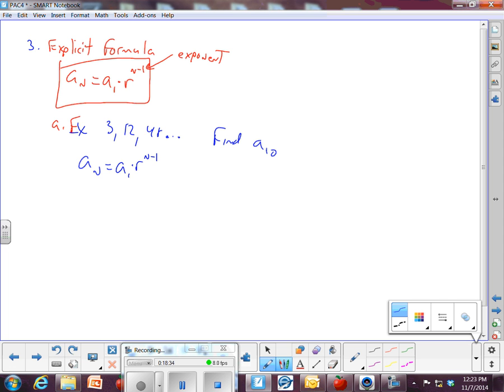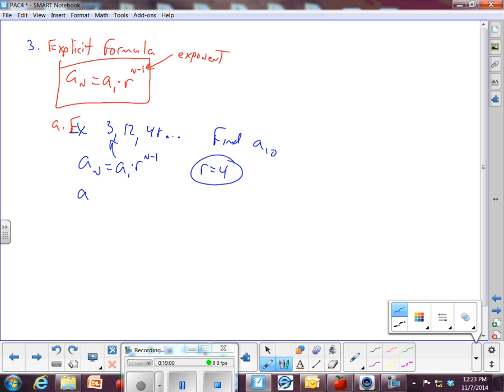Now, it doesn't tell us r, but we can find r, right? So 12 divided by 3 is 4. So r is 4. Now we know that r is 4 and a sub 1 is 3, and we're ready to use the formula.